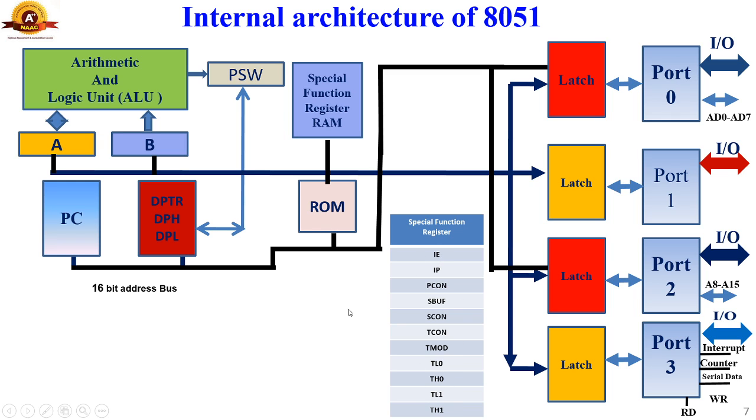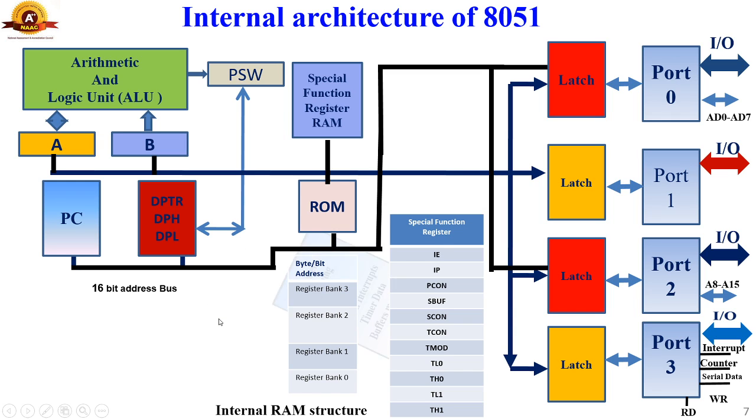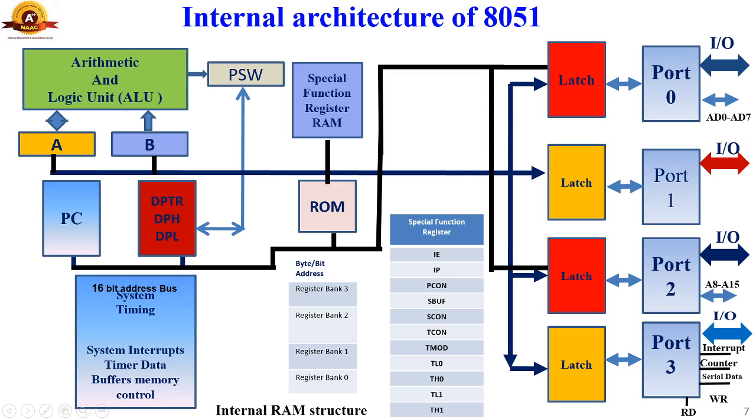So these are the special function registers. This memory is attached with 4 banks: register bank 0, register bank 1, register bank 2, register bank 3, and the bit addressable area. That is the special function RAM structure, the internal RAM structure.